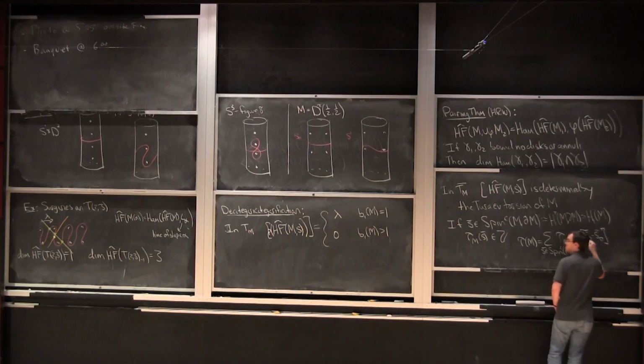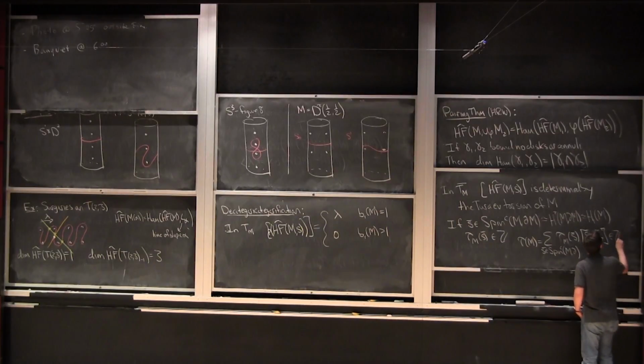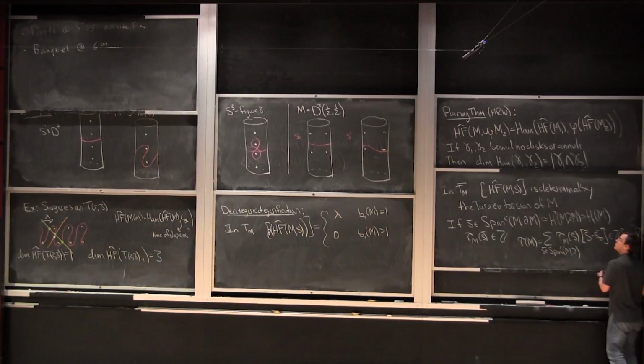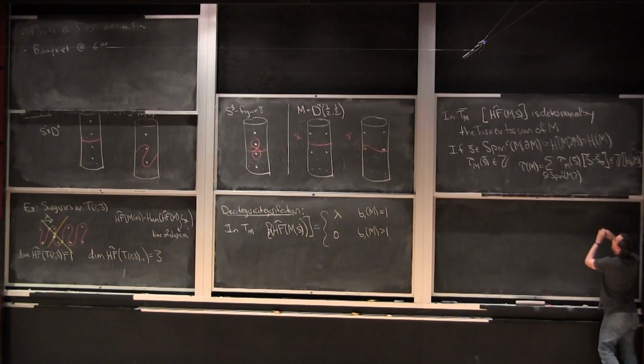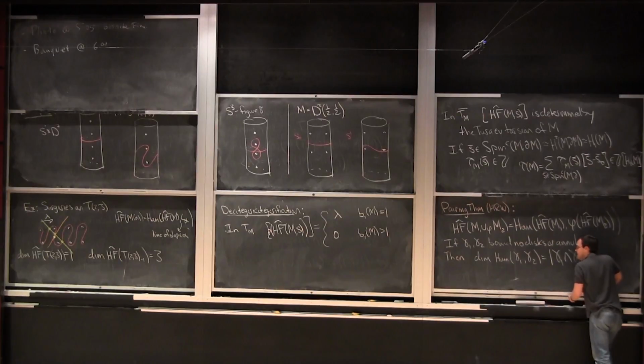I fix a reference spin C structure. Then this difference will just be really honestly an element of H lower 1 of M. Okay, so this is an element of the group ring Z of H1 of M. Okay. And what is this element?